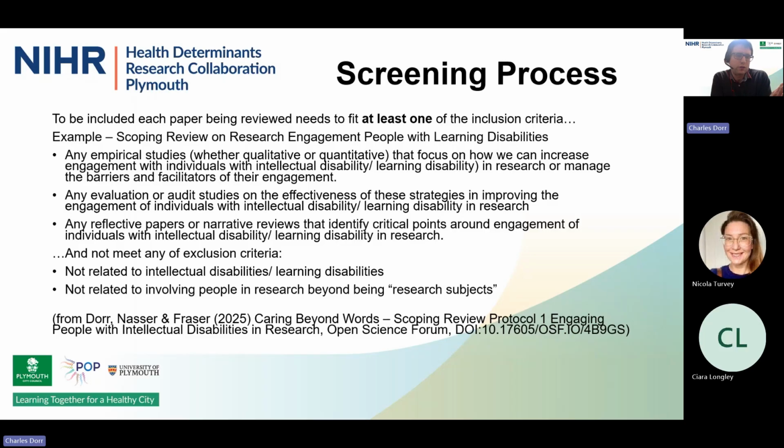And we were interested in what the barriers and facilitators were of their research engagement. So we included all the different types of studies that we wanted to include, so empirical studies, evaluations, reflective papers, and then we also included some exclusion criteria as well.